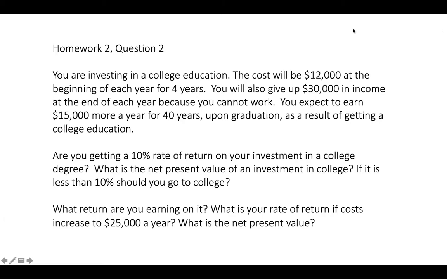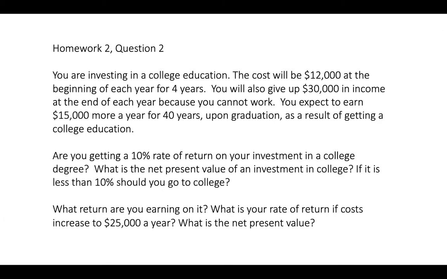Now, we're going to go ahead and just read the question, because if you read these questions, you can start to assemble the facts you need to assemble your spreadsheets. So you're investing in a college education. The cost would be $12,000 at the beginning of each year for 4 years. You will also give up $30,000 in income at the end of each year because you cannot work.